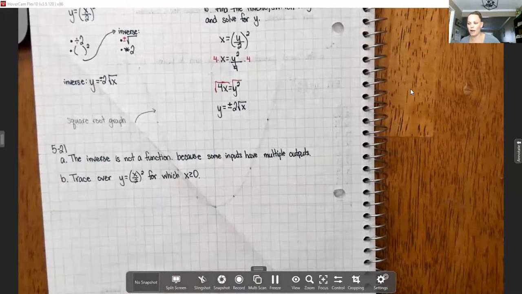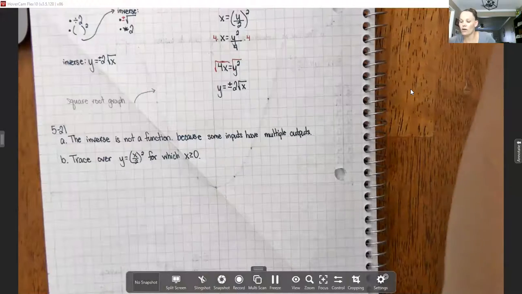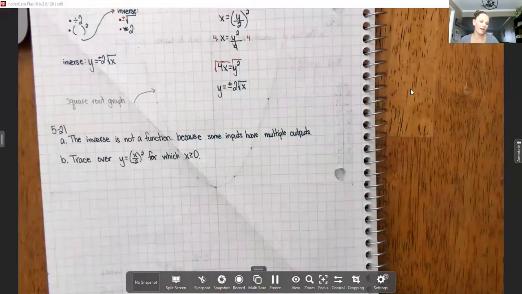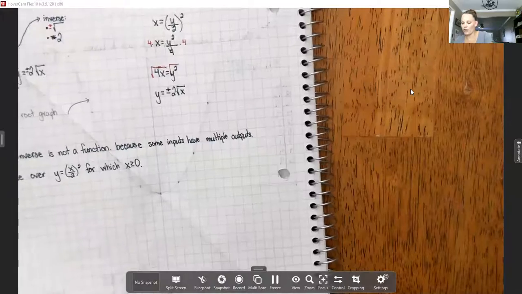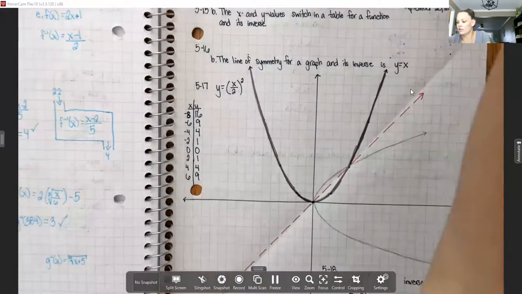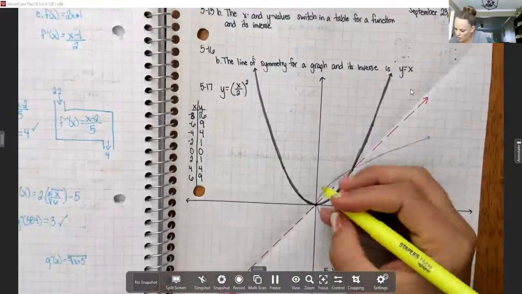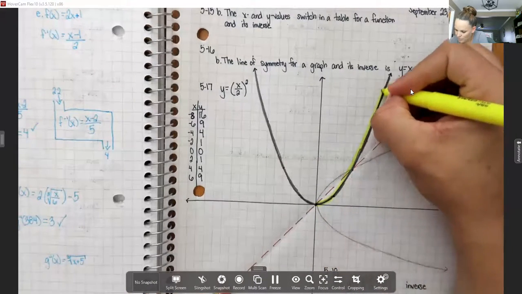So I have to flip the page back. I'll give you a second. You don't have to necessarily write that down. I'm going to actually highlight it. So for when x is greater than or equal to 0, the original graph is this part.